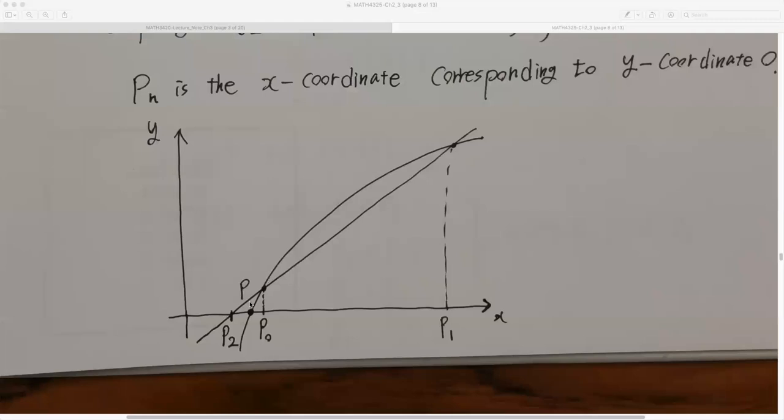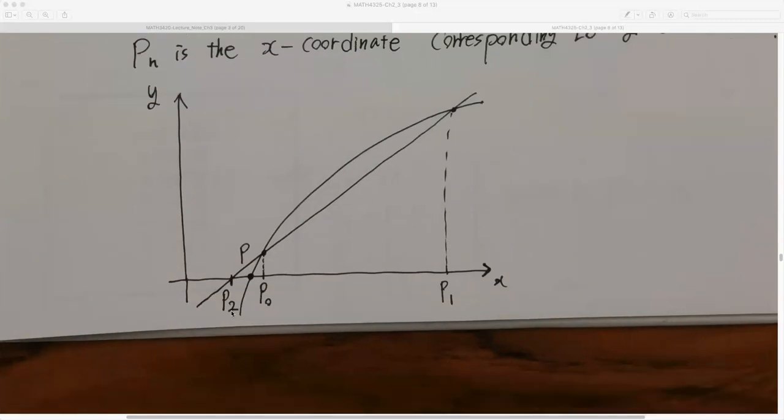Okay. So now, and then what we're gonna do using P2 is evaluate the function f at x equals P2. Okay. So now let's say this graph is of f of x like this.